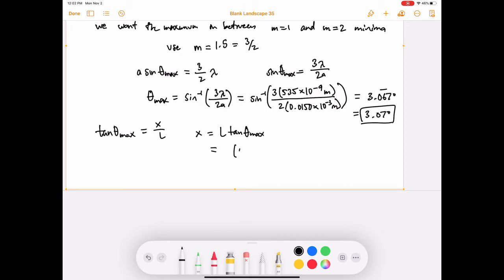So plug in 1.20 meters for L times tangent of 3.067 degrees for theta max. This works out to 0.06429 meters with 3 sig figs, or 6.43 centimeters.